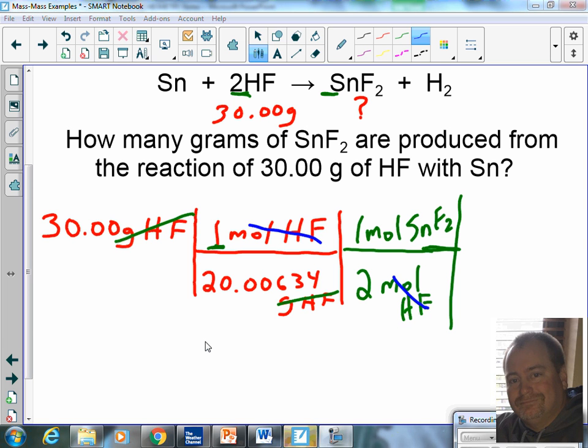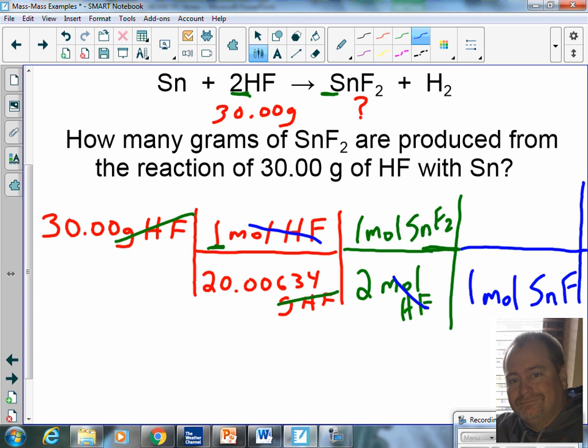Now, what does step 7 tell me to do? Convert the moles of the unknown to mass of the unknown. That's another flux capacitor. So I'm going to put another box on here. What do I want to cancel? Moles of SnF2. So I know that 1 mole of SnF2, and I calculated that mass, didn't I?